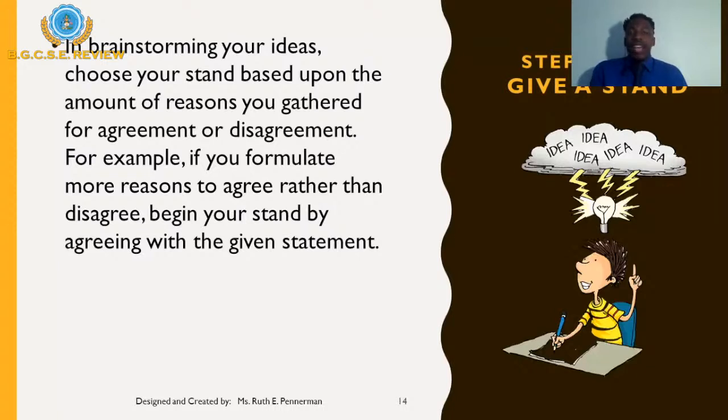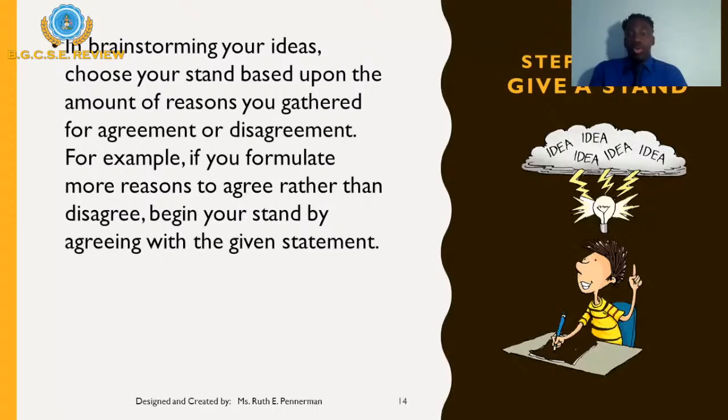And so if you realize that you disagree more, or there are more points to support that you personally disagree, you want to go with that. So your position will be based on your disagreement. And not only that, you will give a very clear and full statement as to why you disagree. And so I'll pause there. I know that that's a lot, but I know that you will get it as well.